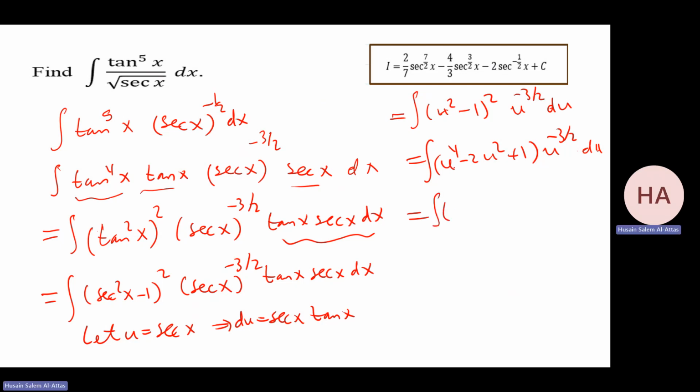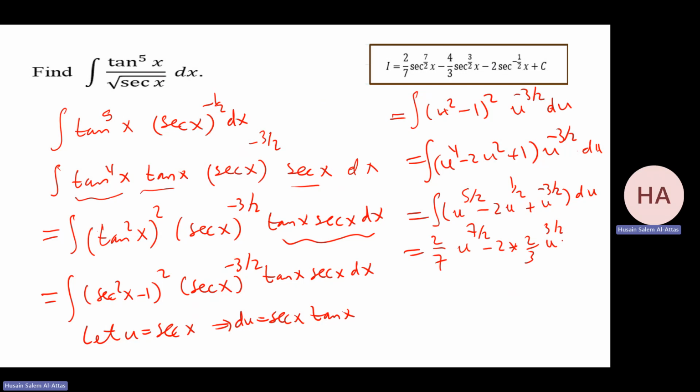Let me do the powers. U⁴ times u^(−3/2), which is 8/2, gives u^(5/2). Minus 2, this is 4/2, u^(1/2), plus u^(−3/2) du. I add 1, this is 7/2, so it will be 2/7 u^(7/2), minus 2 times 2/3 u^(3/2).